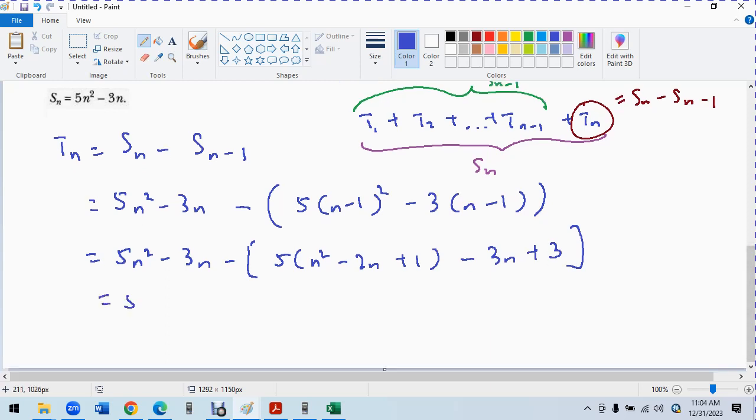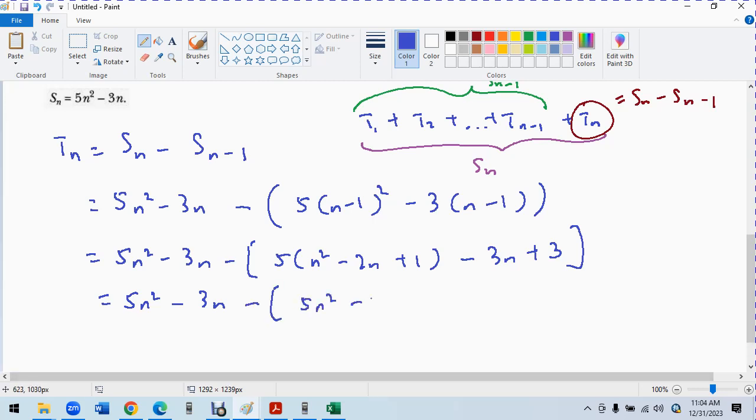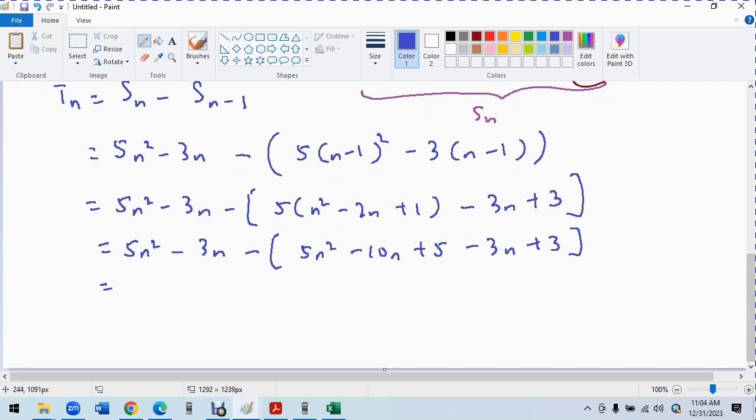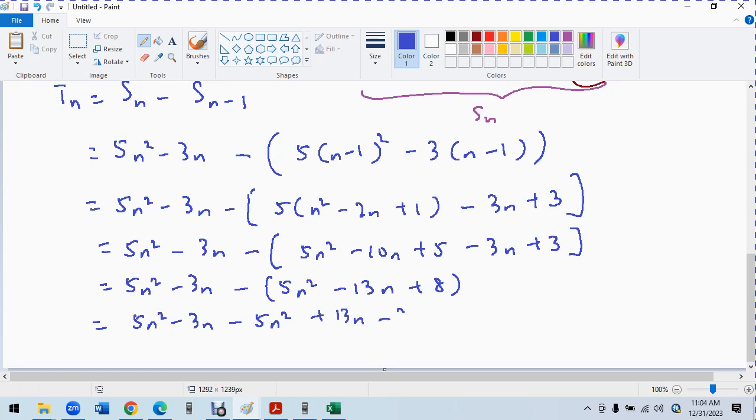Expanding, we have 5n squared minus 3n minus 5n squared plus 10n minus 5 minus 3n plus 3, then 5n squared minus 5n squared cancel out.